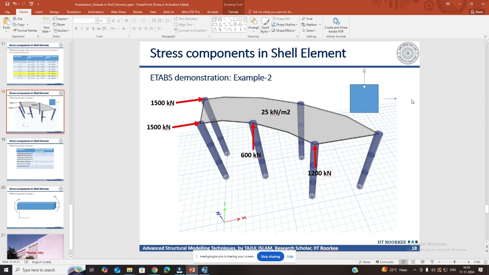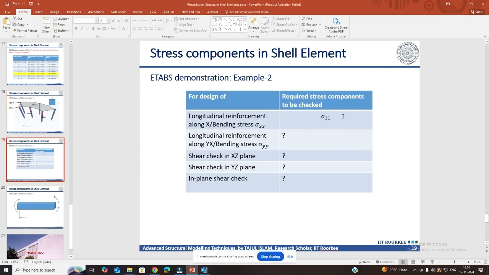So here this horizontal is showing the 1 axis according to the definition of shell in ETABS. Now this is my x axis and I want to design the reinforcement along the x axis. From this definition, which stress component do I have to check? Sigma 11, that's correct.